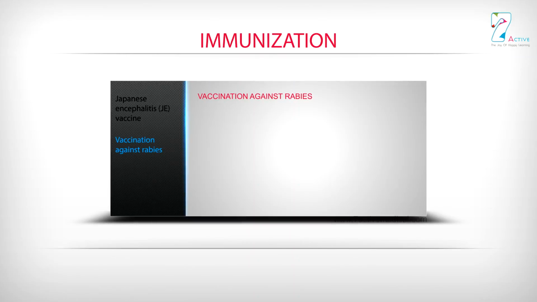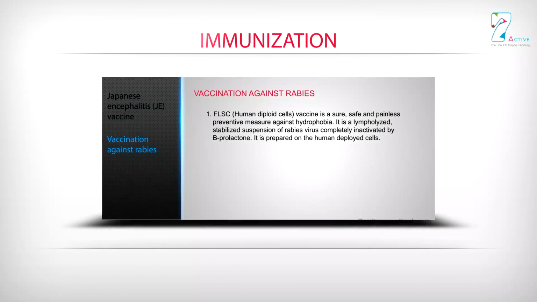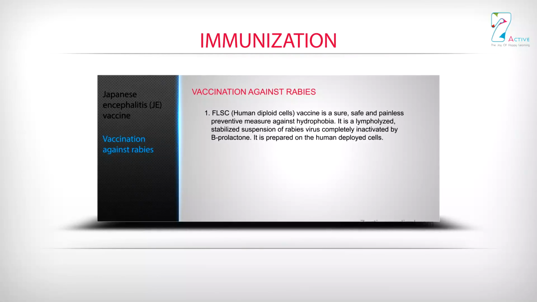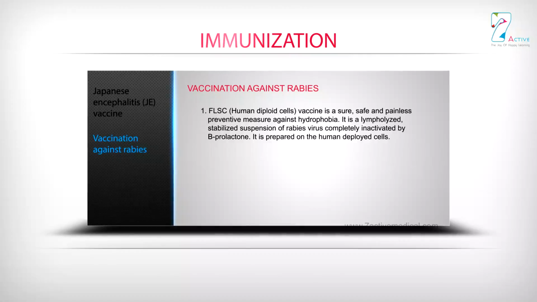Vaccination against rabies. 1. HDC, Human Diploid Cell vaccine, is a sure, safe and painless preventive measure against hydrophobia. It is a lyophilized stabilized suspension of rabies virus completely inactivated by beta-propiolactone. It is prepared on the human diploid cells.